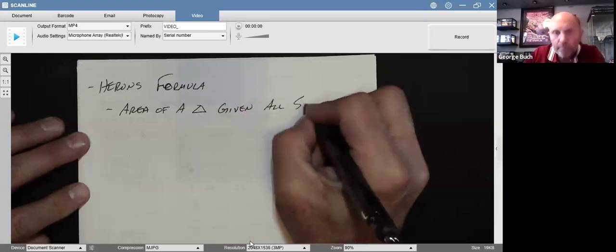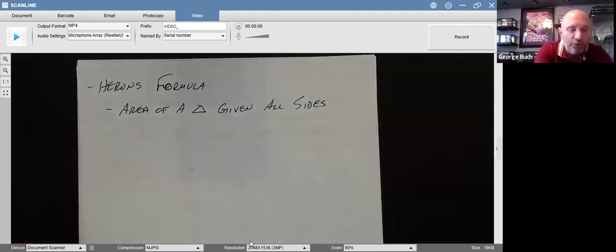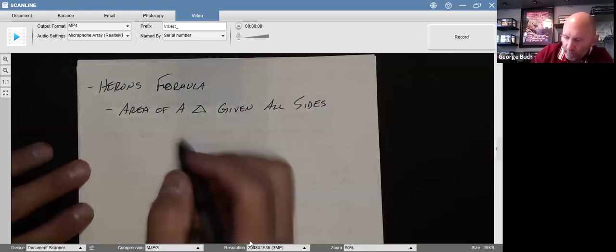So our other area of a triangle formula that we had was when we had two sides and an included angle. And that was what? Area is 1/2 ab sine of theta. Now, if we have all three sides and we want the area, it's given by the following formula.